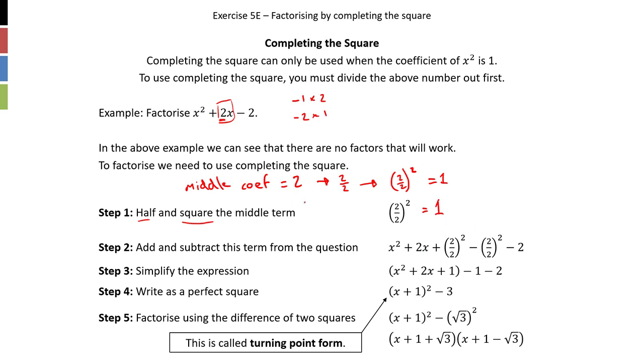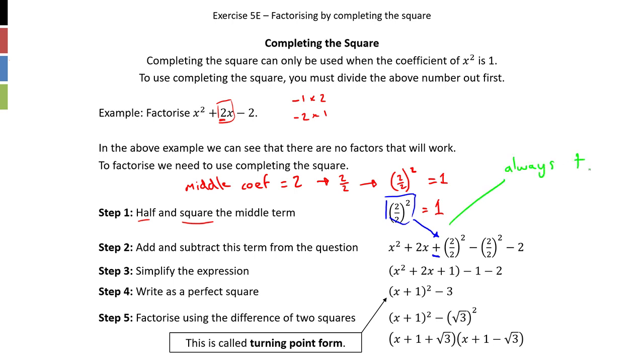Now, what do we do with this special number we've just made? We're going to insert it after the second term. So after 2x, I'm going to add this special term that I've made. I'm going to stick it here after the middle term. Because I've added it in, and I'm always going to put the add first, I'm going to put a little note here in green.